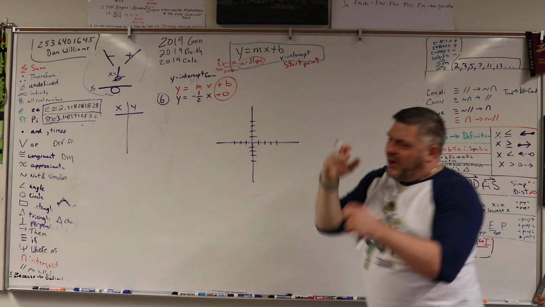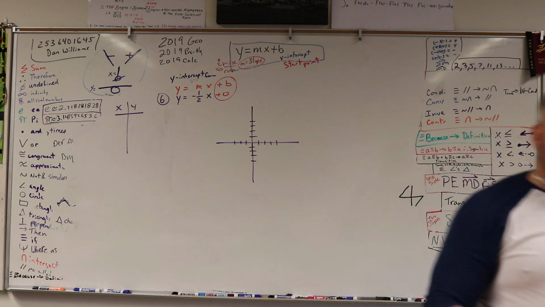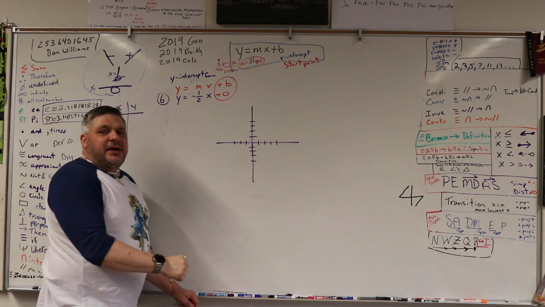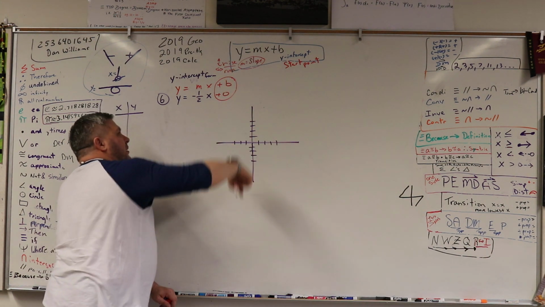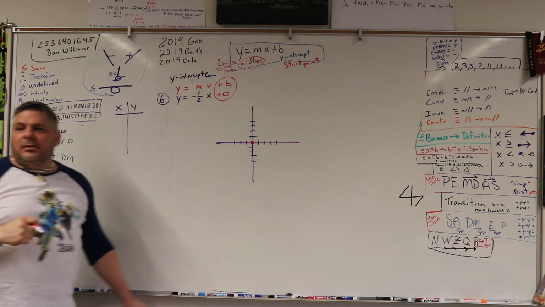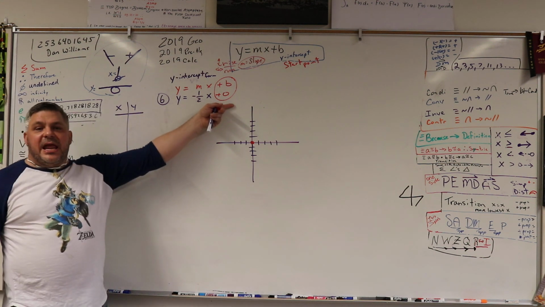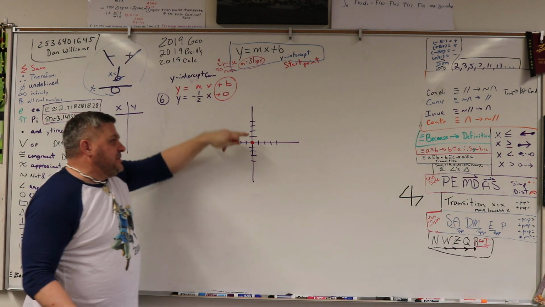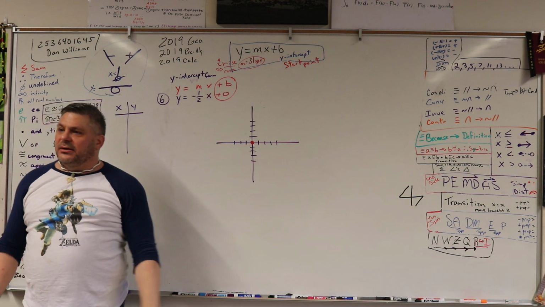Alright? And from b, that's the y-intercept. That's where this line crosses the y-axis. So when x is 0, right? Now if it would have been plus 8, I would have been up here at 8. But it's 0, so I'm down here at 0, okay?